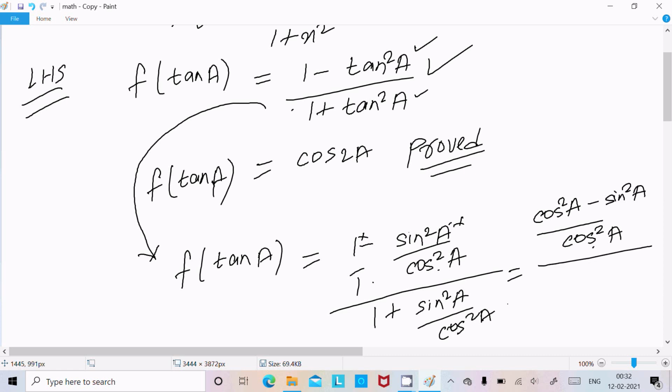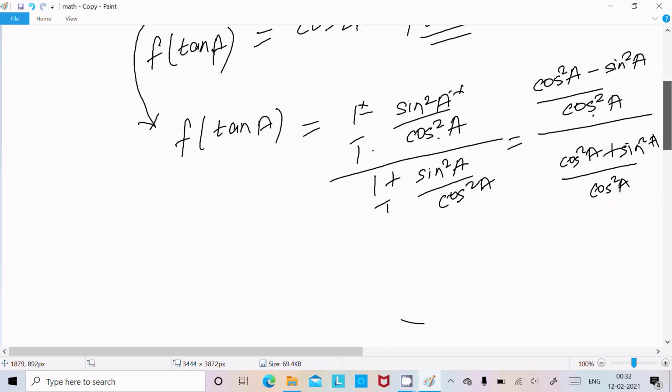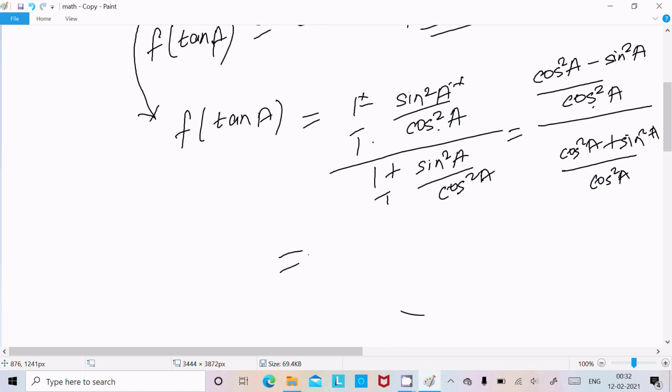The same thing here: if I do the LCM, the value comes cos²A, and here cos²A plus sin²A. Okay, now this is f(tan A).